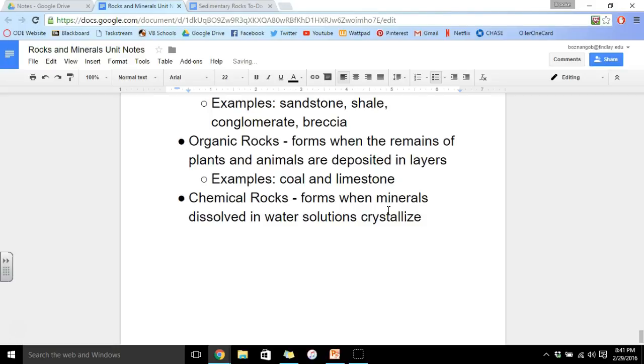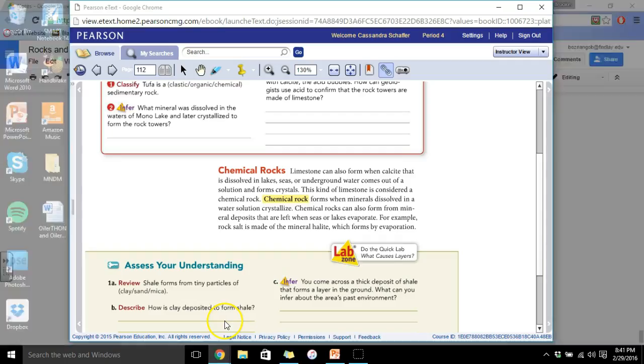And you'll remember from our talk about minerals that when something crystallizes, it's when the atoms that make it up form into this regular repeating pattern. It becomes a crystalline solid, basically. And so in chemical rocks, what happens is the minerals in the water solution crystallize, and then they form these chemical rocks.